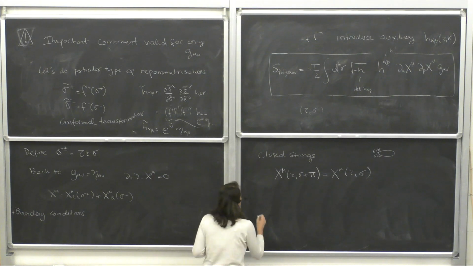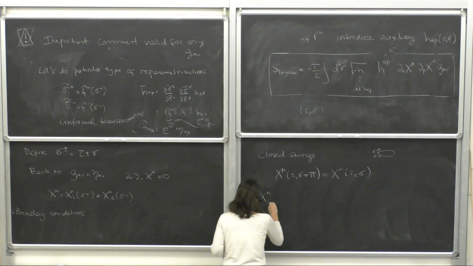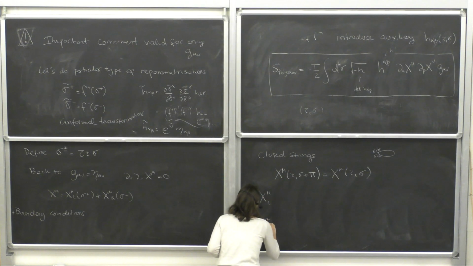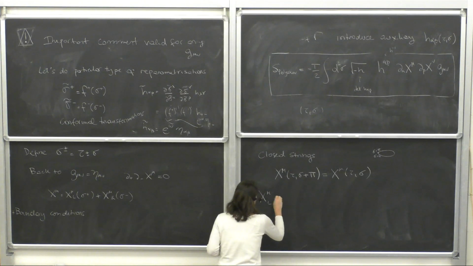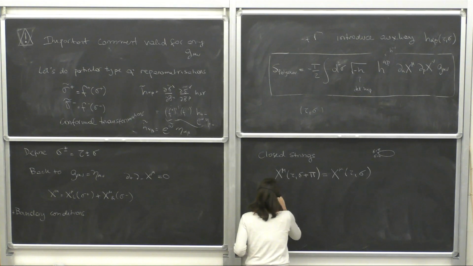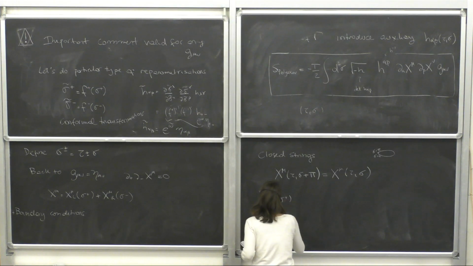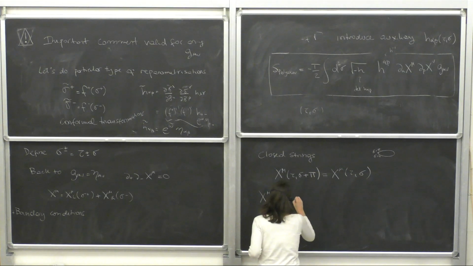So with those boundary conditions, x mu left and x mu right. Let me write it, and then I'll go slowly. This depends on sigma, this depends on sigma plus, and this depends on sigma minus.